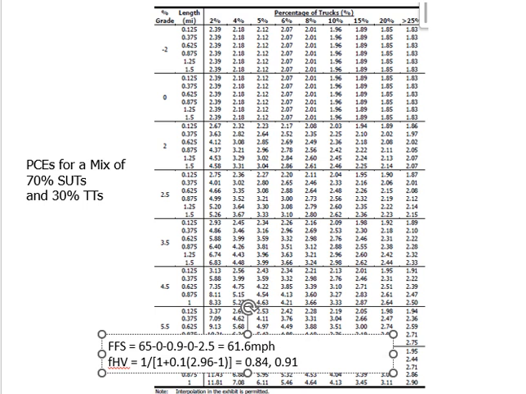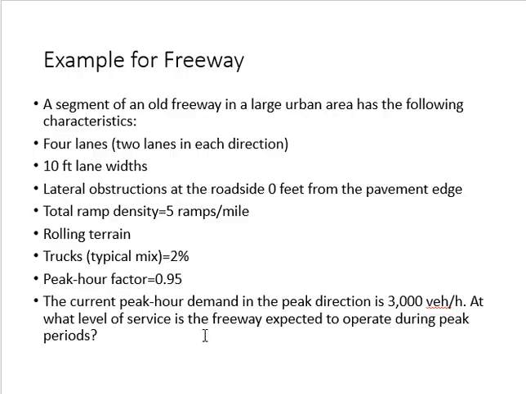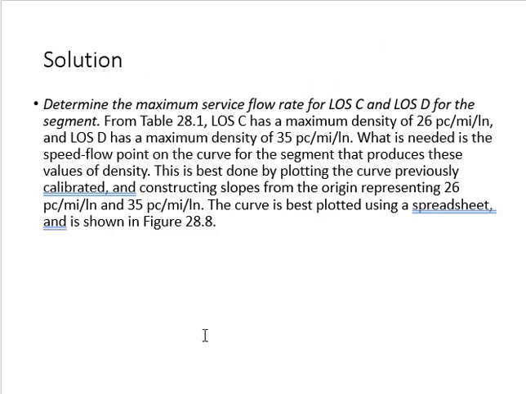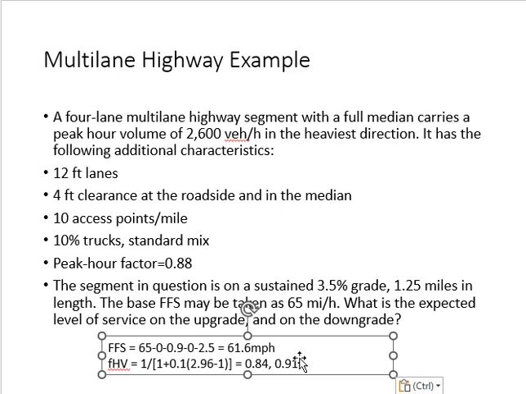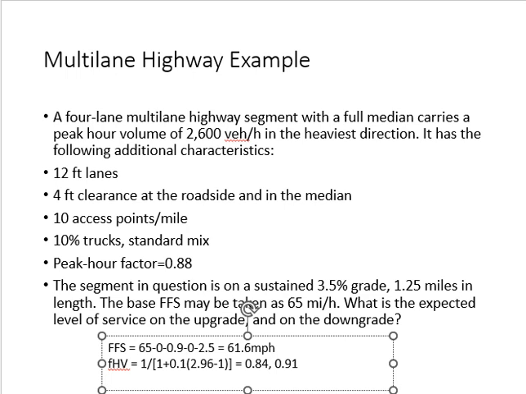Now I will calculate vp for upward and downward. I need the volume, 600. I need the peak hour factor, 0.88.